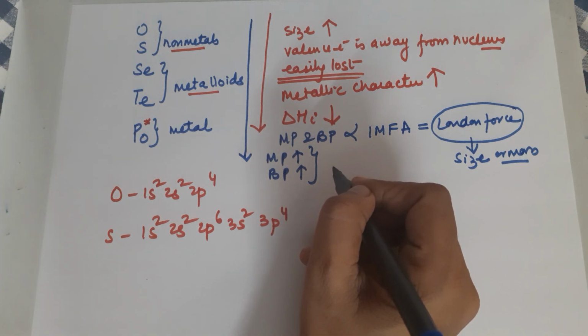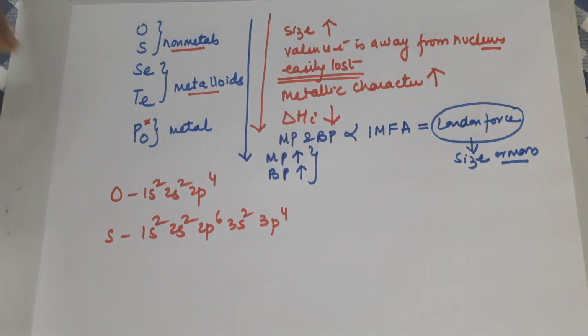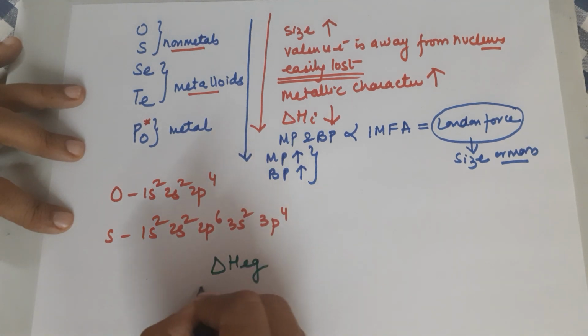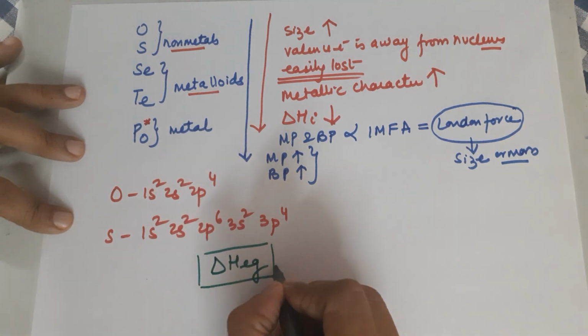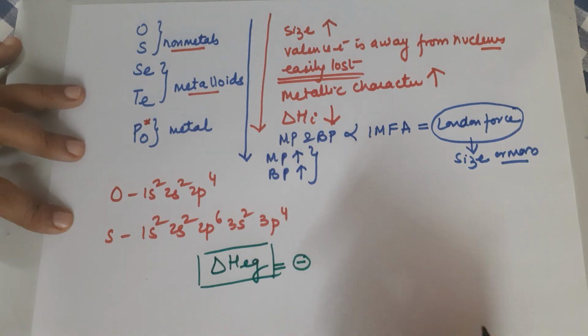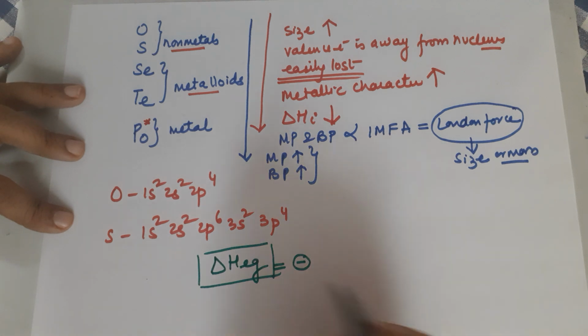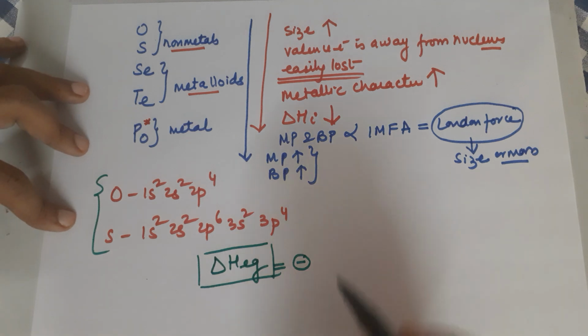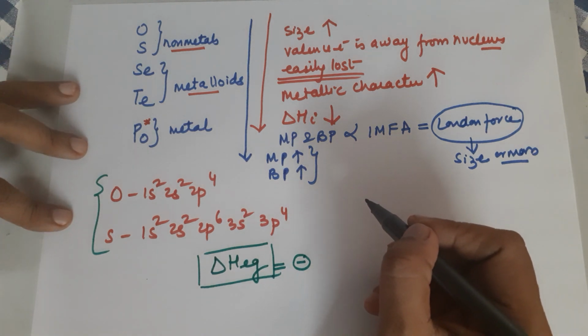Fine? Coming to a special property which is known as your electron gain enthalpy. This value is generally a negative value and it is the loss of energy when a neutral isolated gaseous atom accepts an electron. I am doing this property specially for oxygen and sulfur because there is an exception residing here.